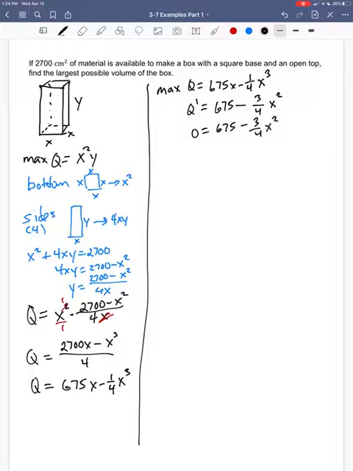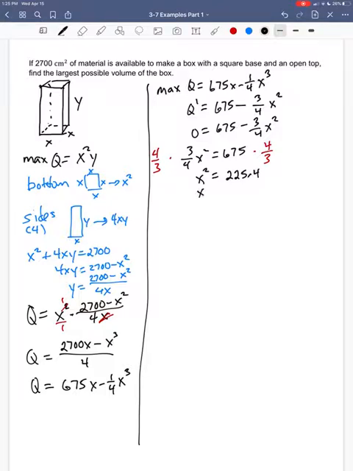I'll add 3/4 x squared to both sides. And then to get x squared by itself, I'll multiply both sides by 4/3. And so that leaves me with just x squared. 675 divided by 3 will be 225 times 4.